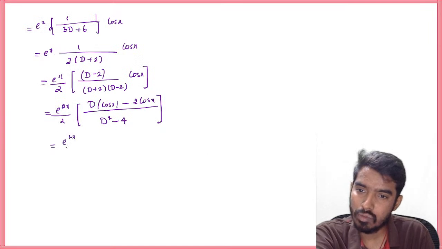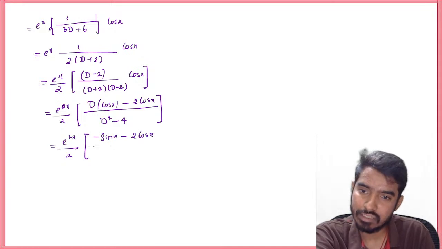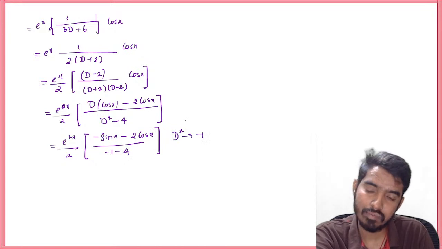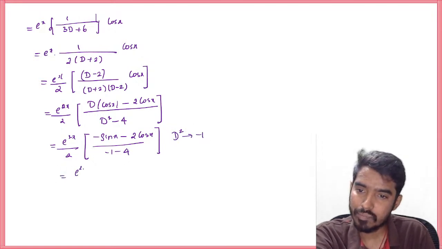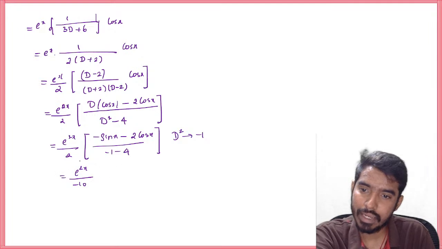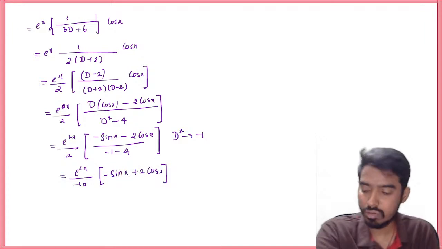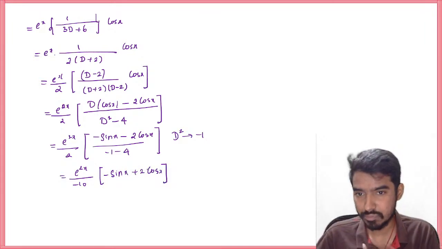It will be e power 2x by 2, so d of cos x is minus sin x, minus 2 times cos x, divided by minus 1 minus 4, right? Because d square is minus 1, so this will be e power 2x by minus 10, so minus 5 into 2 is minus 10, minus sin x plus 2 cos x. This is your required solution.